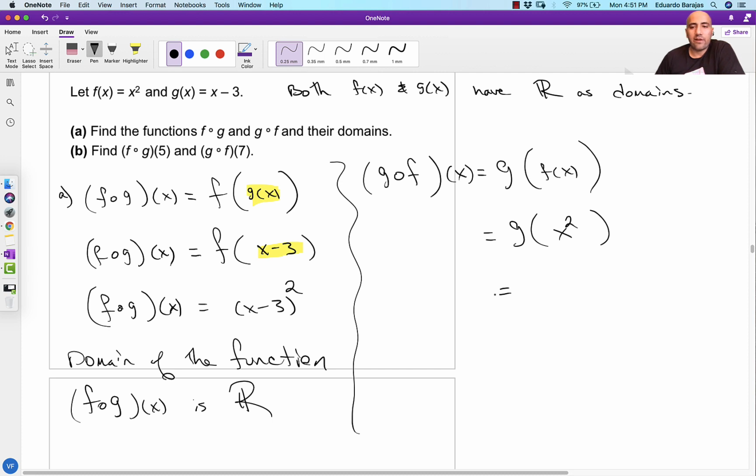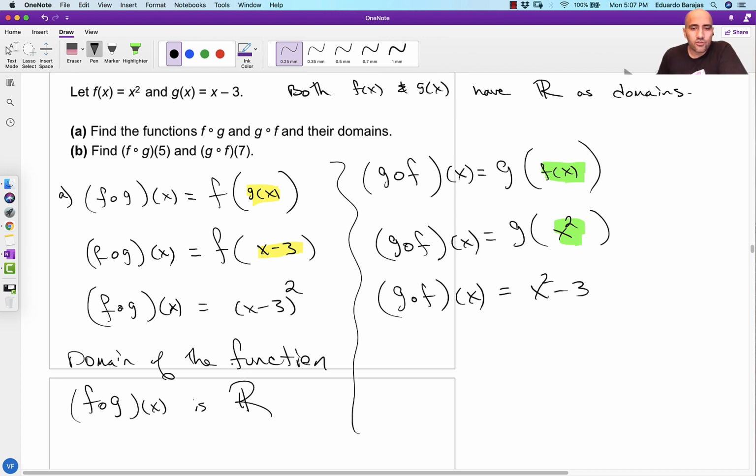Take 3 away from whatever the input is. So this one is just going to be that, again because this is the input there. And so g composed with f of x is equal to that. Just like over here, the domain of this function is also going to be all the real numbers.